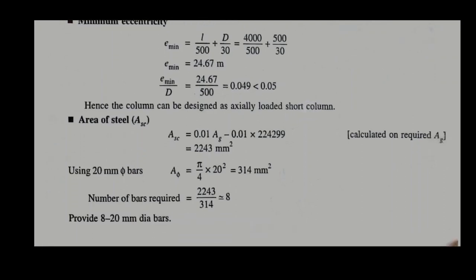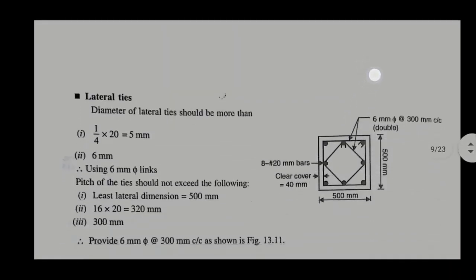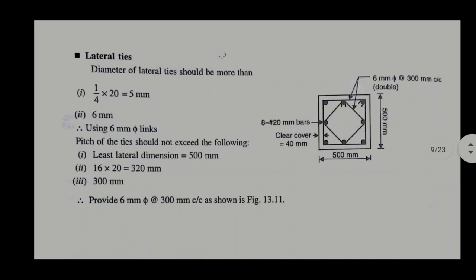Okay, that is complete. Now we have to provide lateral ties, right? So for lateral ties, the diameter of lateral ties should not be more than 1/4 of the diameter of bar, that is 20, that is equal to 5 mm, and not less than 6 mm.